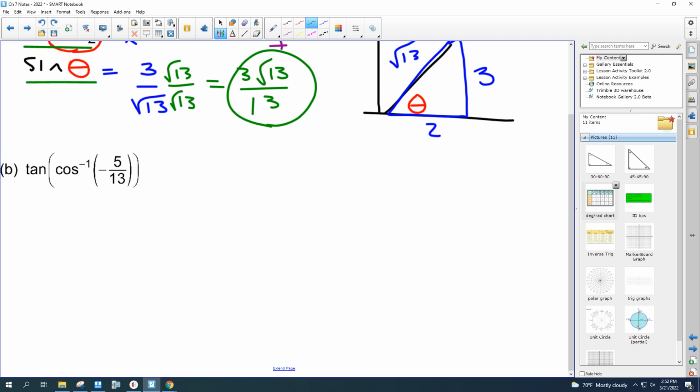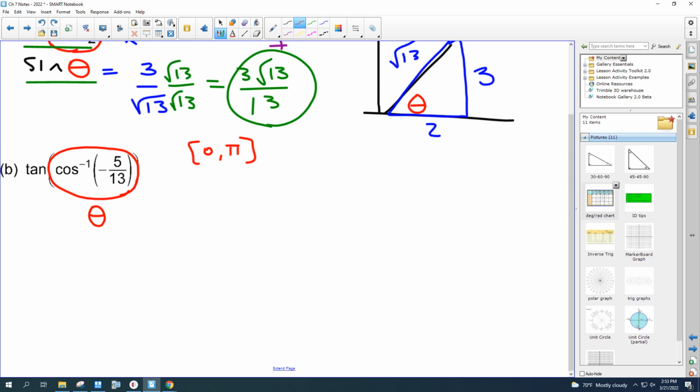But the key for me, I think I had a hard time until I really, really thought hard about what this was. That is an inverse trig function, and an inverse trig function is an angle. So I'm going to draw a picture of that angle. The trick is you got to tell me what quadrant it's in. Okay? So we know it's an inverse cosine. Inverse cosine is 0 to pi, right?